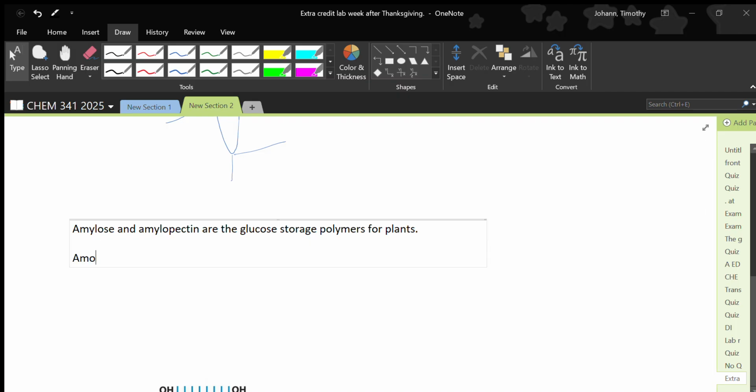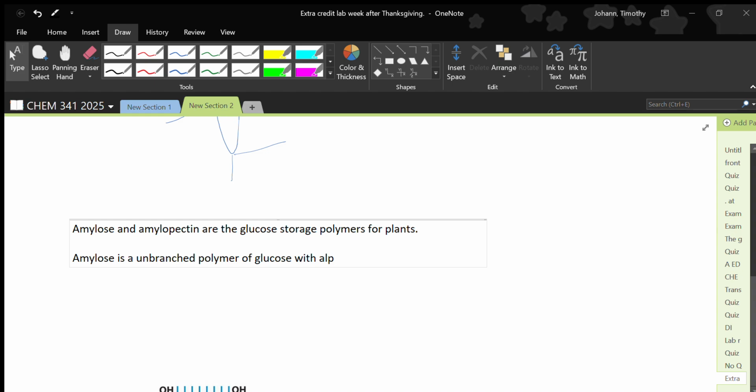So amylose is a straight chain, unbranched polymer of glucose with alpha 1,4 glycosidic bonds.